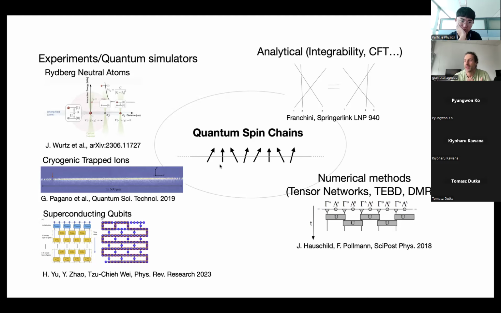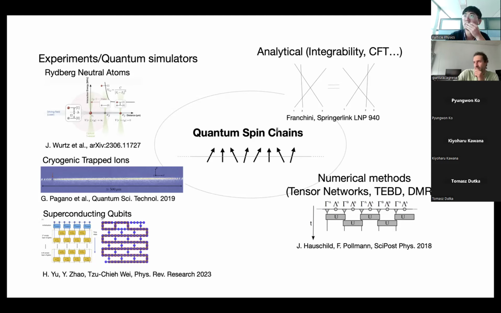The degrees of freedom map exactly onto qubits, realized with Rydberg atoms, trapped ions, or superconducting qubits. So all these three points can help each other and benchmark each other, in order to further improve and perfect these candidates for quantum computing.